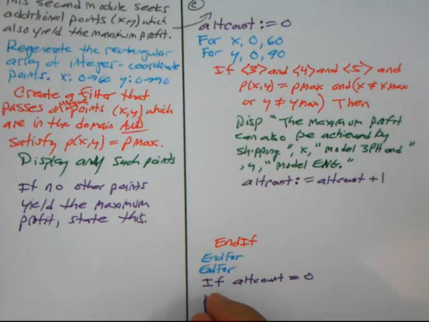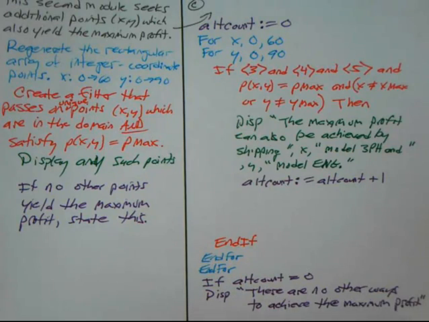It simply automatically decides based on this whether to do this very next step or to go past it. And here, if the alt count equals 0, it's time to say something. We could say a display statement and have it say that there are no other ways to achieve this maximum profit. Okay, so something like this here, display there are no other ways to achieve the maximum profit. And that is truly the end of the program here.